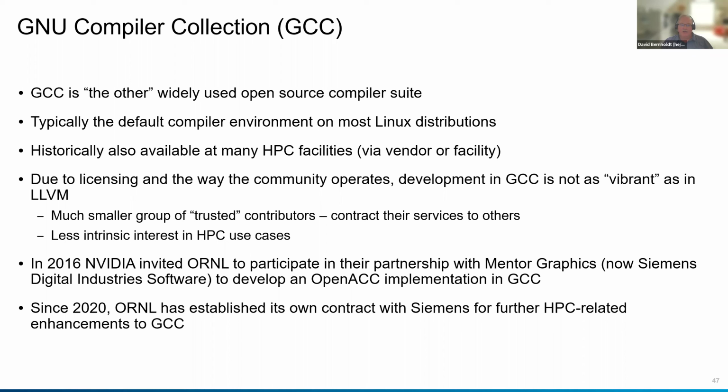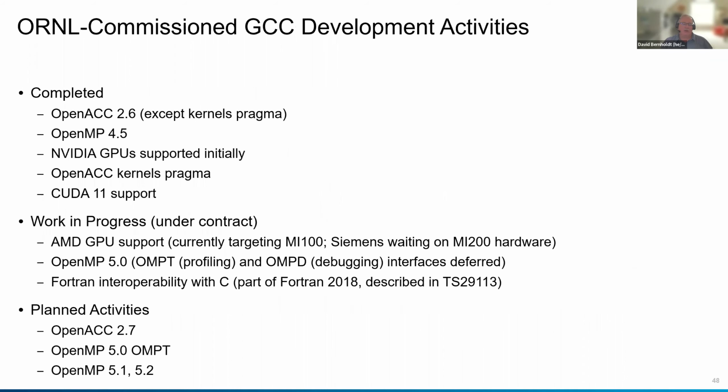It's not as vibrant in terms of development contributions as the LLVM community is these days, but ORNL since 2020 has been working with Siemens, which used to be called Mentor Graphics, on some HPC-related enhancements to GCC, which I think do interest this community.